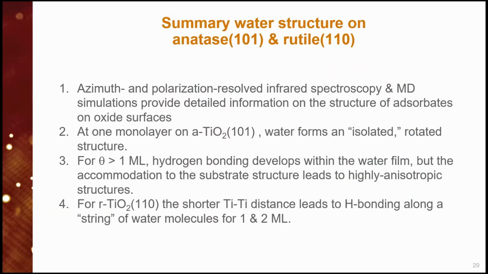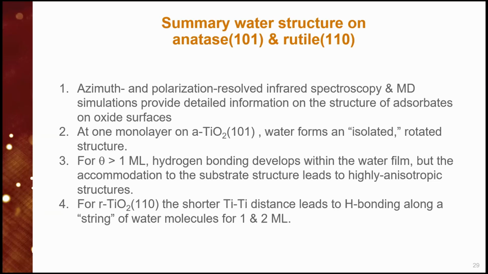Basically, I hope that just doing this azimuth and polarization resolved spectroscopy, along with some MD simulations of the water structure, can provide quite a bit of information about these water adlayers. As I said, at 1 monolayer, water forms basically isolated water molecules that are somewhat rotated.